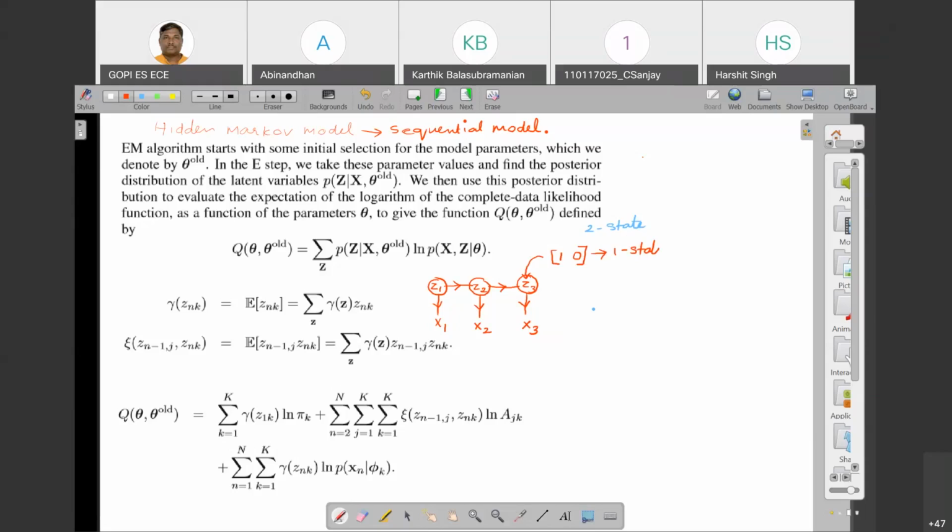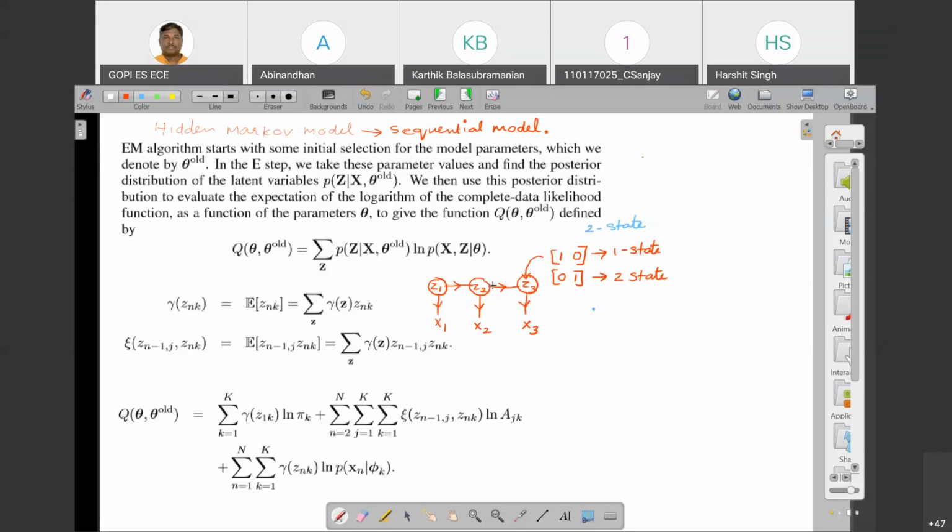If it takes the value 0, 1, that indicates the second state. So we have two states. Suppose we have three states, then the possible values are 1, 0, 0; 0, 1, 0; and 0, 0, 1. So it is like that.